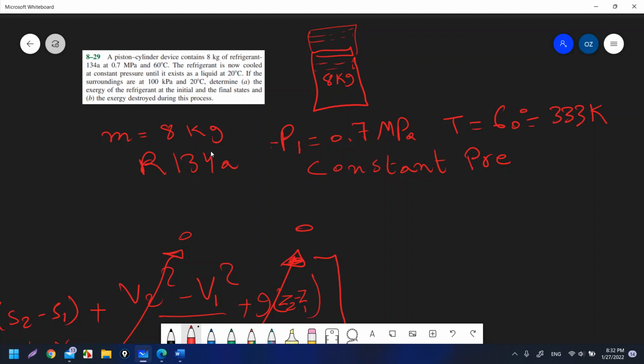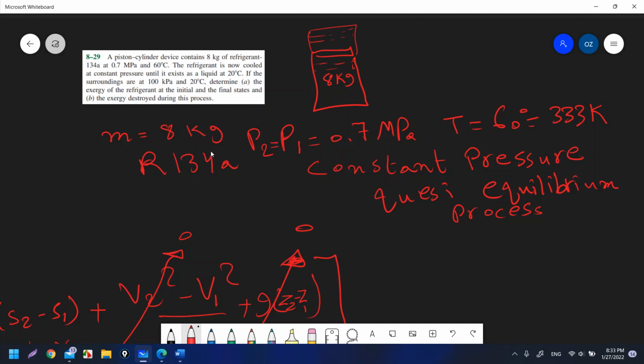So we can say P1 equals P2 because it is constant pressure during the whole process. This constant pressure, we call it a quasi-equilibrium process. Okay.